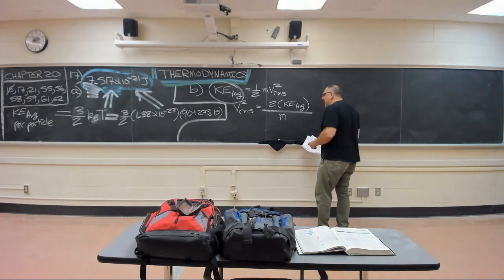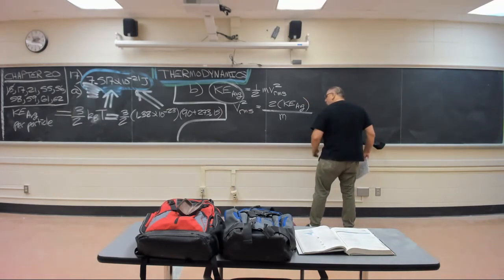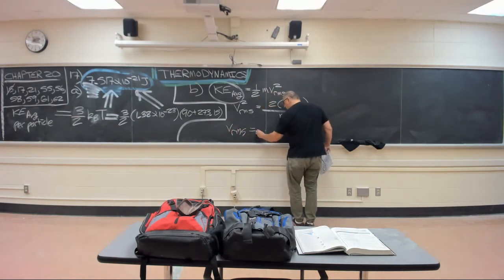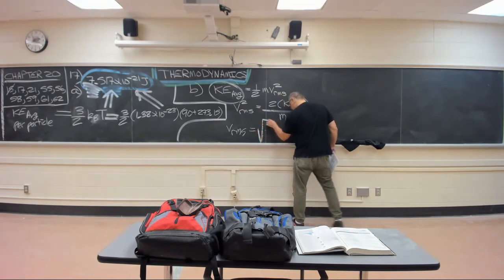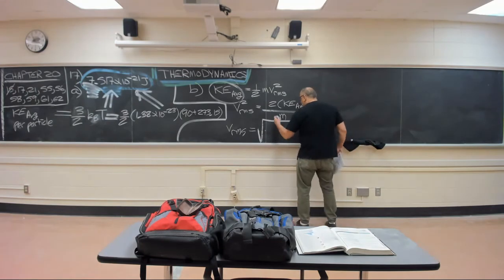Well, there it is. This is what it's looking like. If you square root both sides, that's the thing that's going to make it happen. Just square root both sides.